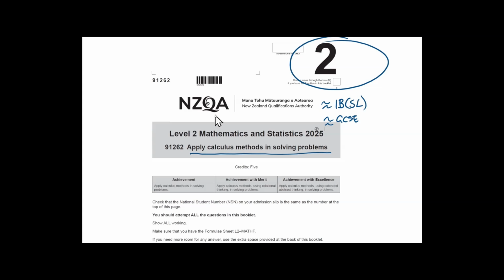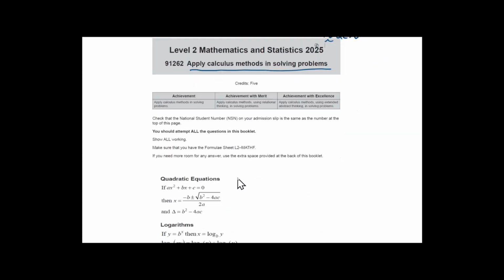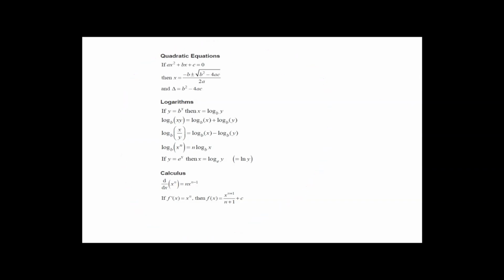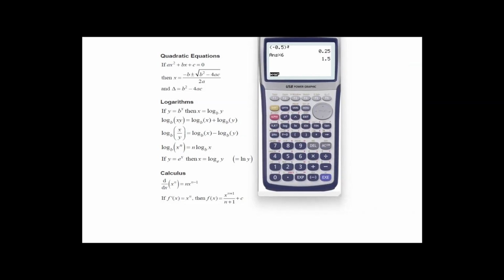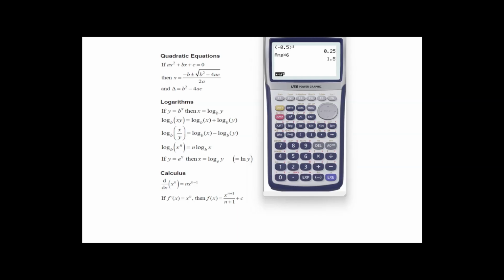So I'm just going to be using the formulae that are given to you. This is taken directly from the formula sheet that is given to students and also the calculator that most students use.